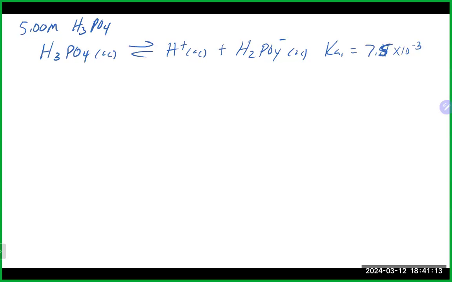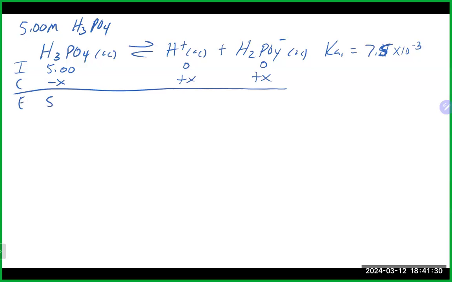All right, so to figure out what's going on here, we're going to use an ICE table. We're going to take our 5 molar. This is going to be 0 and 0. Our change here will be minus x, and plus x. That means at equilibrium, we will have 5 minus x, and x. So pretty standard ICE table here.